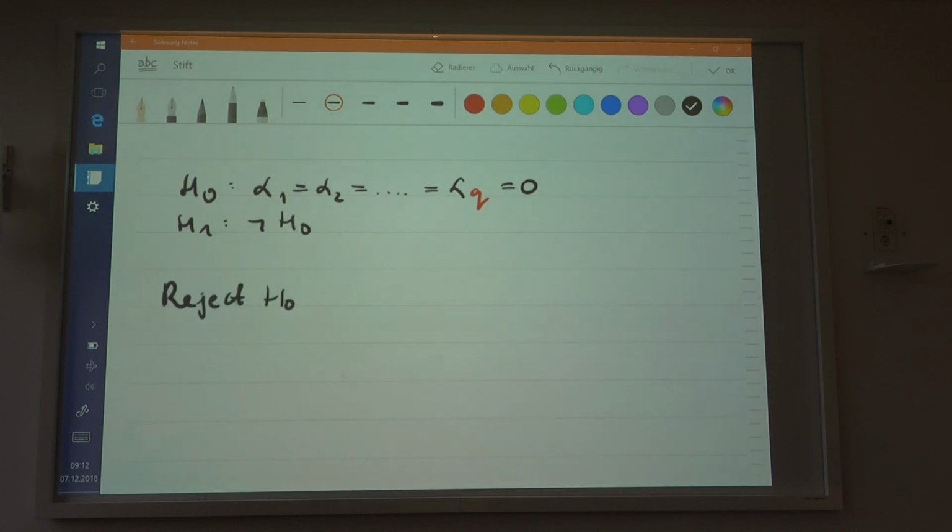This is what you would obtain from the asymptotics.